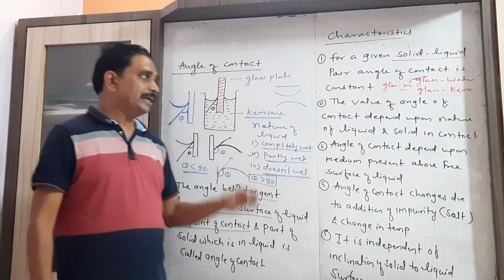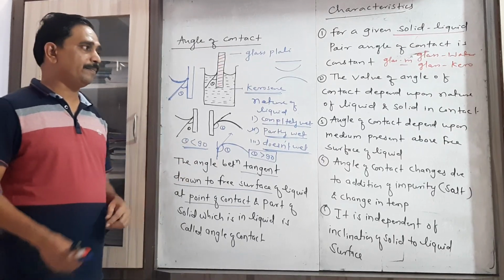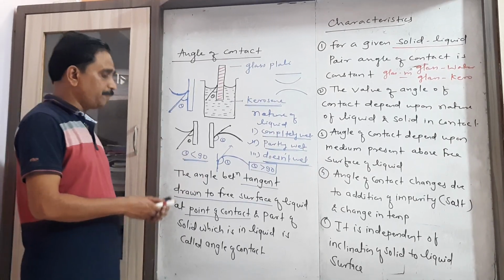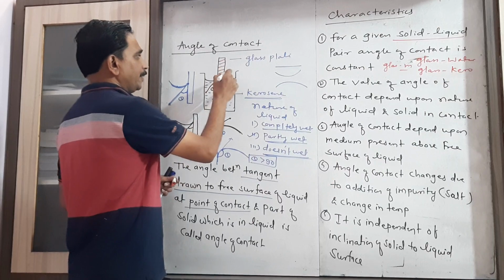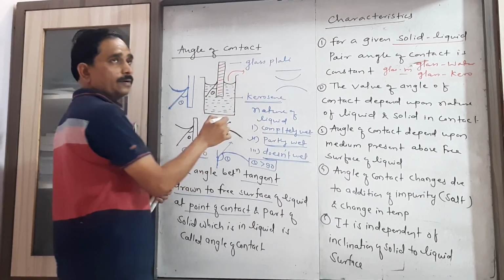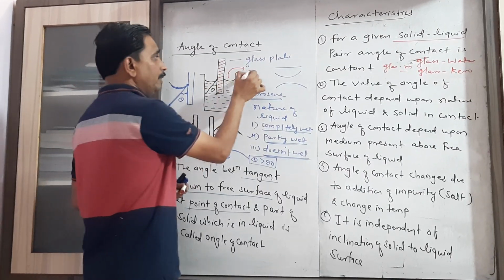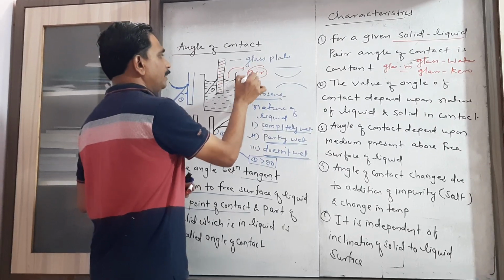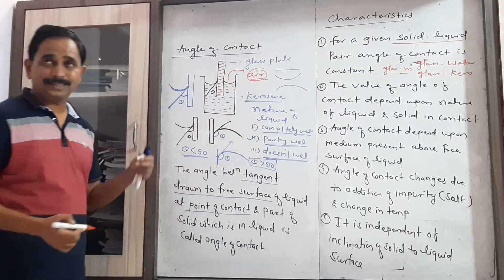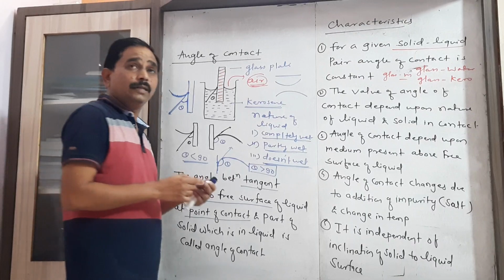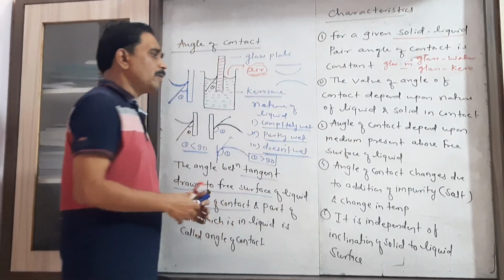The third one, angle of contact depends upon the medium which is present above the free surface. This is the free surface of the liquid. Whichever medium exists above that free surface also decides the angle of contact.